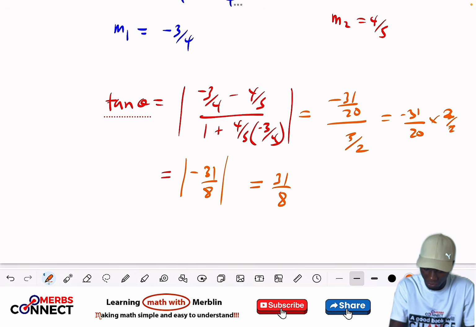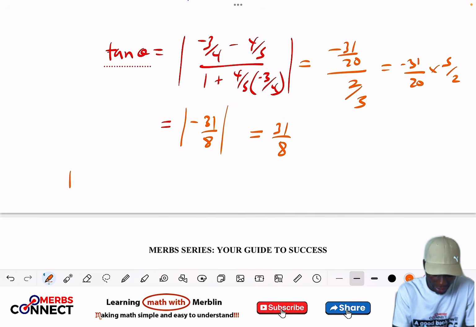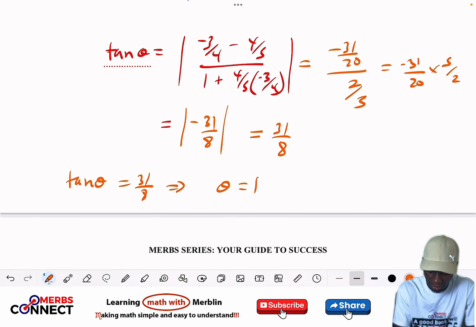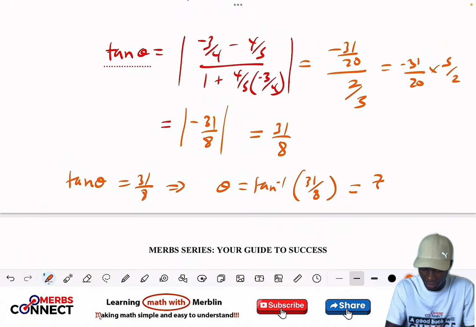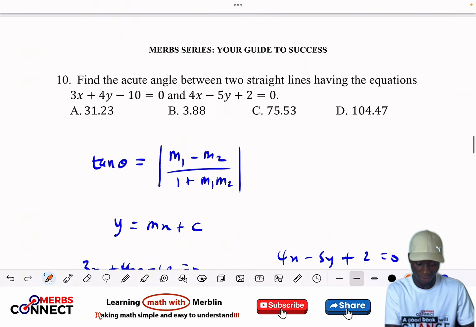No, 2 over 5. This one should be 2 on 5, so that this one will be 5 on 2. When you cancel it out, you have 4, then you have the 8. You pick the absolute and you have something like this. So now we can say that tan theta is equal to 31 divided by 8. This implies that theta is equal to tan inverse, or the arctangent, of 31 over 8, and this is going to give us 75.53.